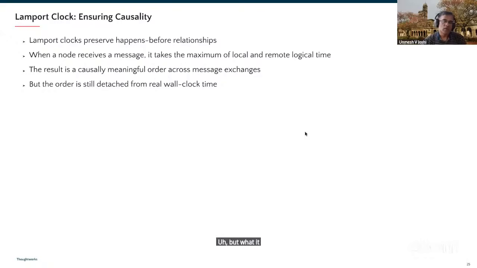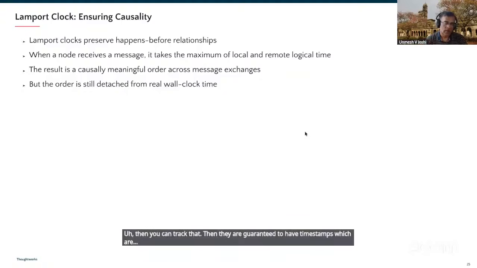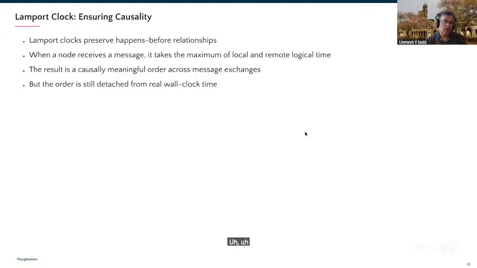But what it allows you is to track causality. What causality means is that if some operation has happened before another operation, and that first operation has actually caused the second operation to happen, then they are guaranteed to have timestamps which are higher.